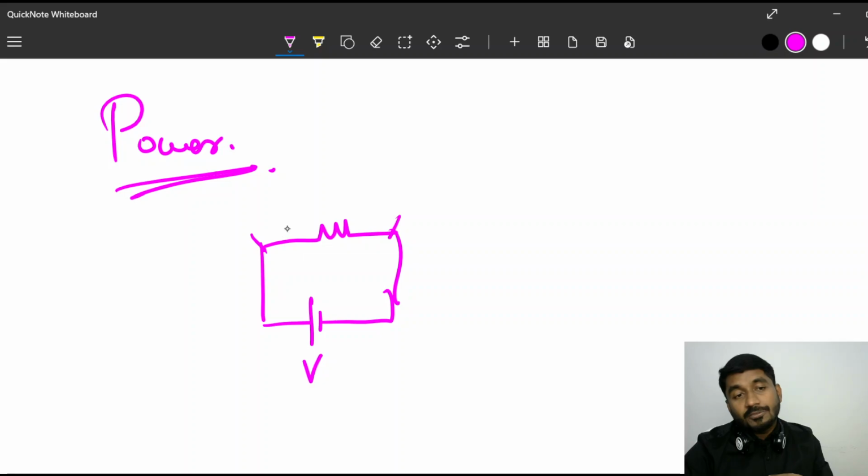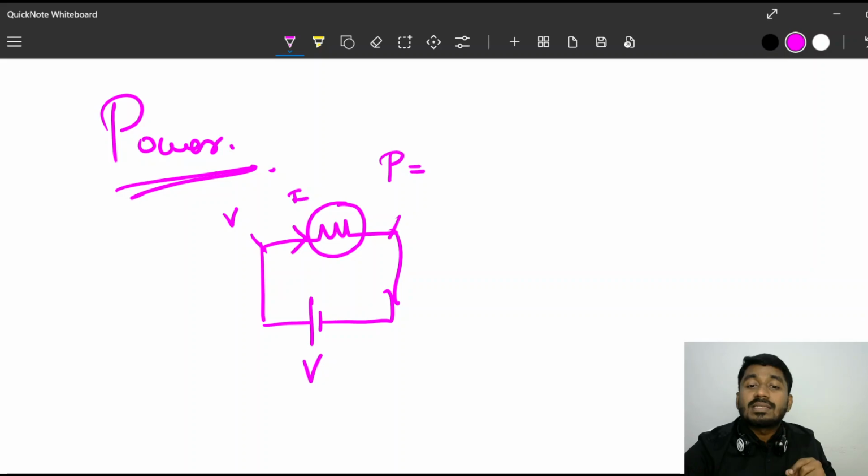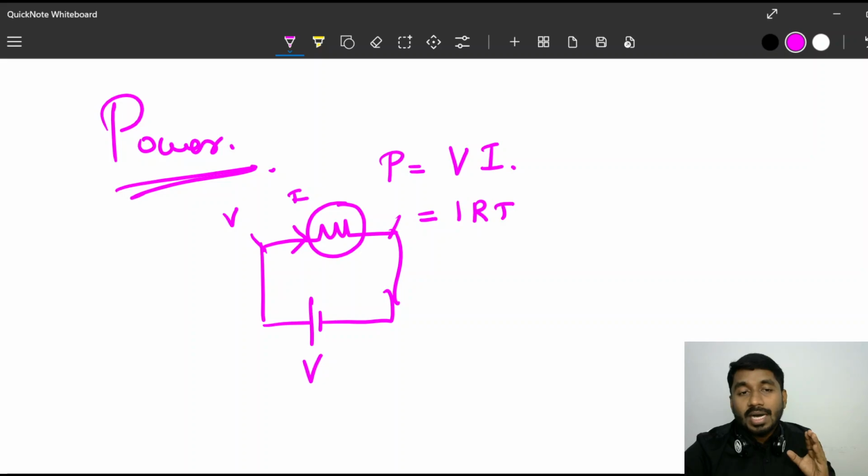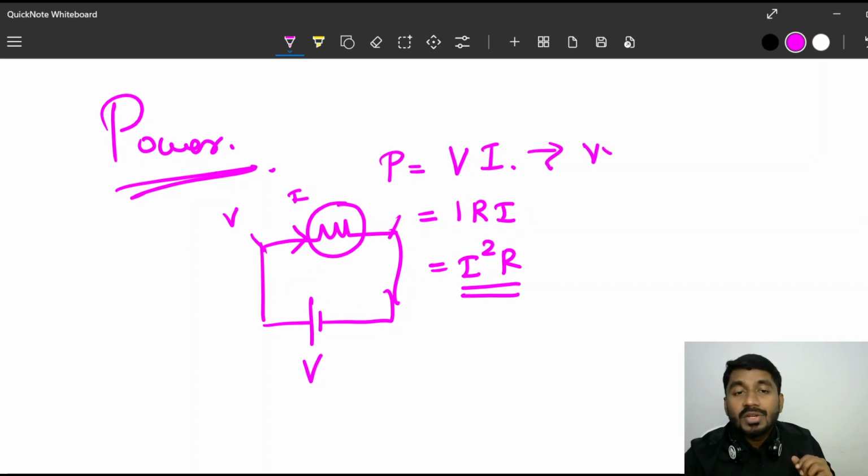Because of the potential difference, a current will pass through the resistor, and here we can directly write the power generated across the resistor as P equals V into I. Clear? And also, since V is equal to IR, you get P equals I square R. Again you can create another equation: V into I, where I is V by R, gives P equals V square by R.